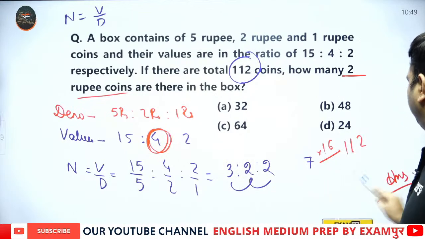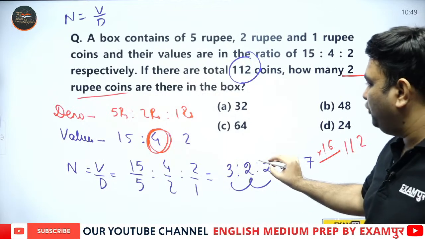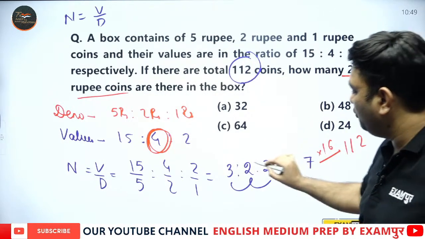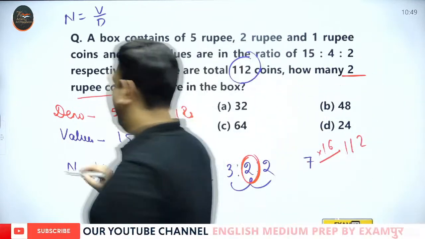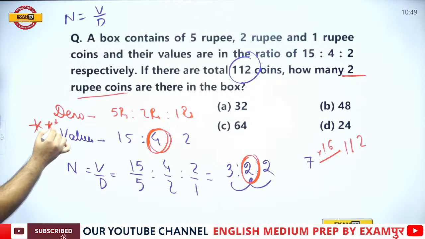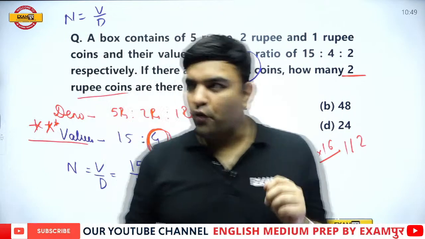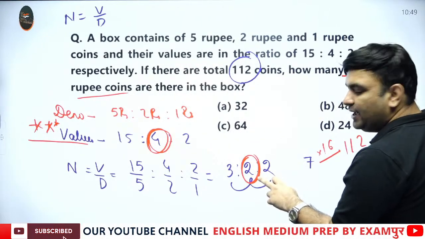So number of 2 rupee coins, the number of 2 rupee coins is 2. That was the value ratio. So number of coins is 2.